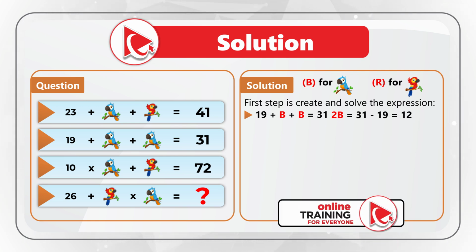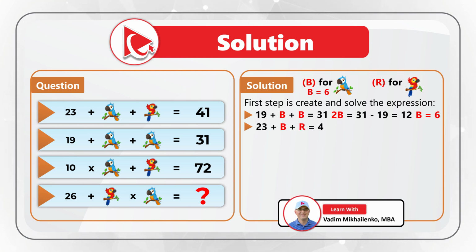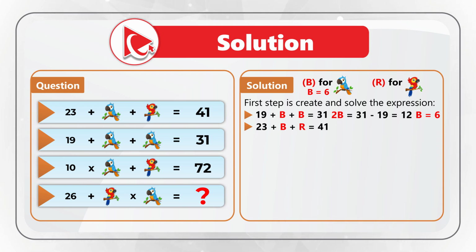Once we solve it, we see that B, blue parrot, equals 12. Knowing the value for blue parrot, we can solve the first expression. 23 plus B plus R equals 41, which means that 23 plus 6 plus missing variable R equals 41. After the calculations, R equals 41 minus 29 equals 12.